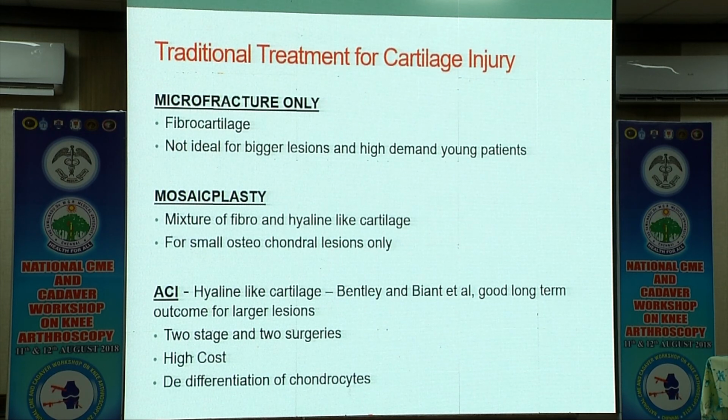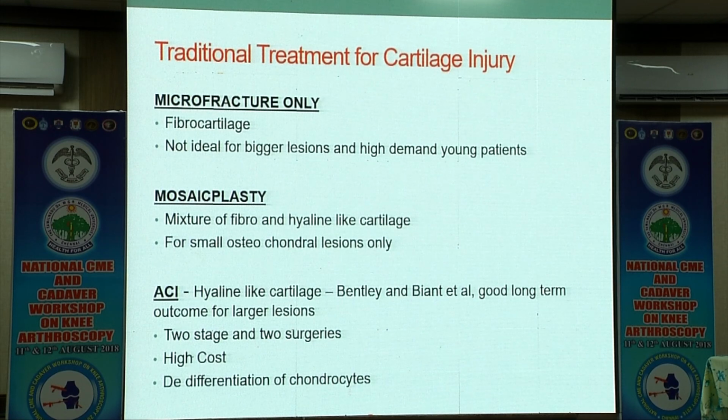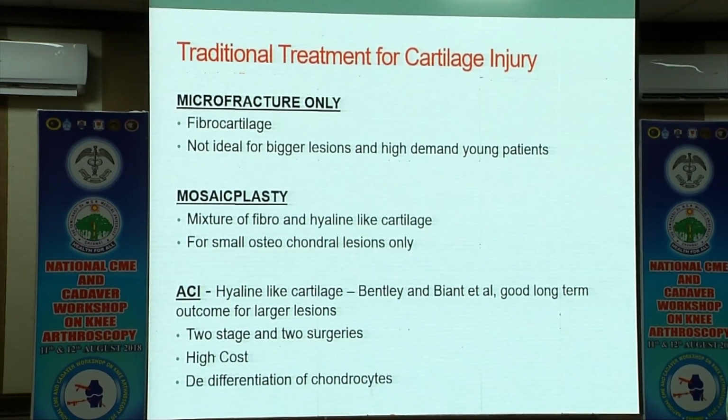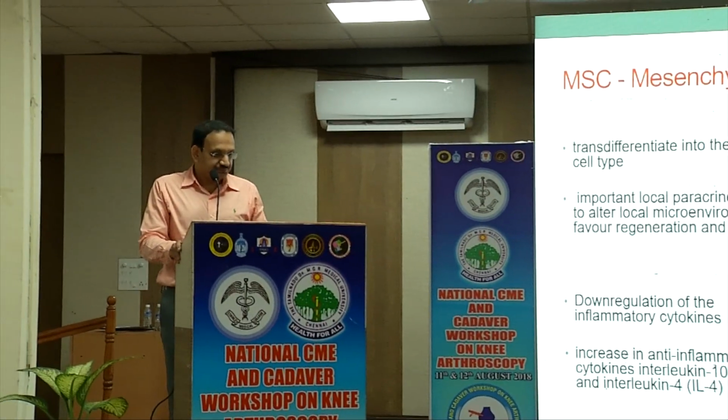But the problem with ACI, though it has given very good and excellent results at midterm follow-up, is that it's a 2-stage procedure, involving more time and cost. Also, because the chondrocytes are cultured in the lab, it may lead to de-differentiation of the chondrocytes when compared to chondrocytes in vivo inside the joint. That may lead to poor outcome in a few patients.